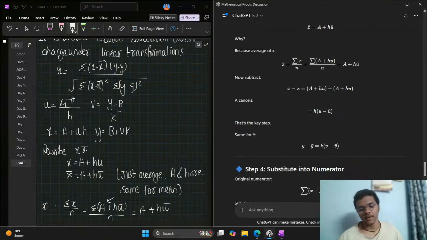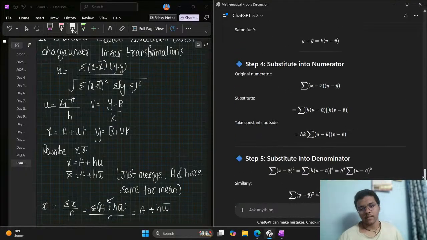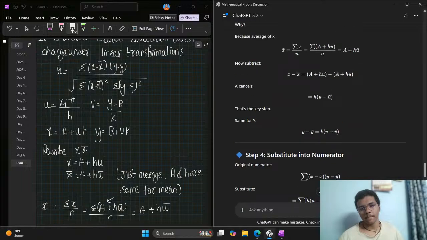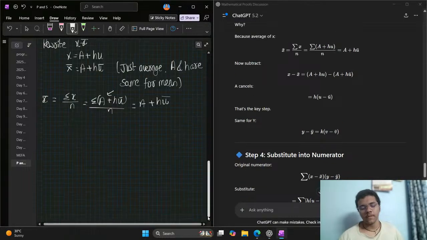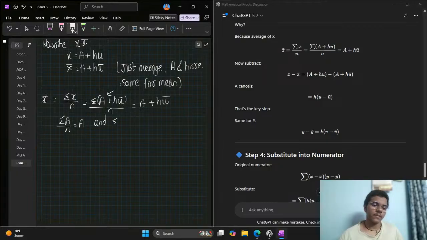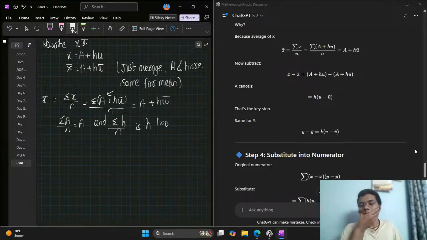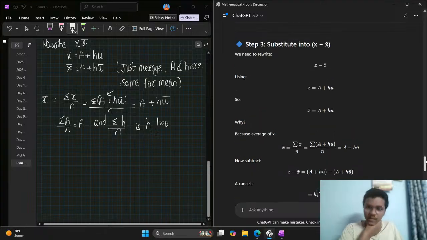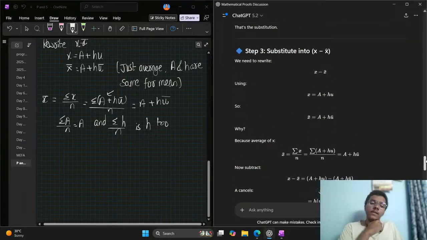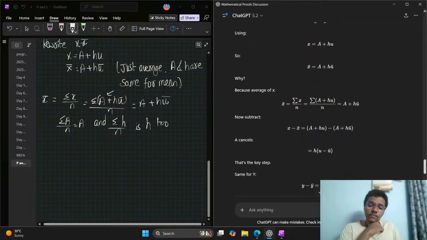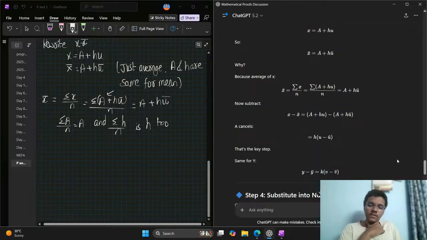Sigma a by n is just a, and sigma h by n is h. That makes sense. Now we are subtracting and you will get this.